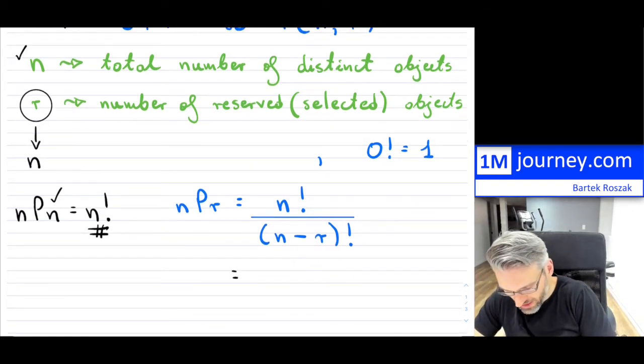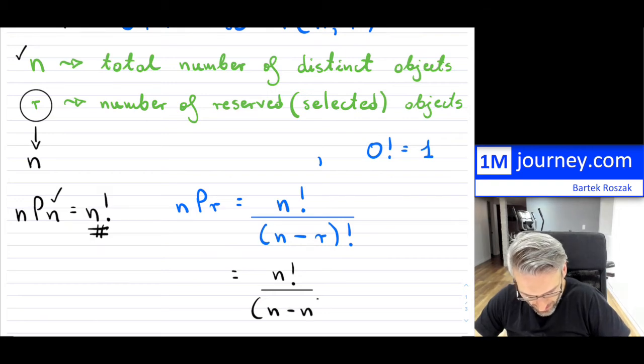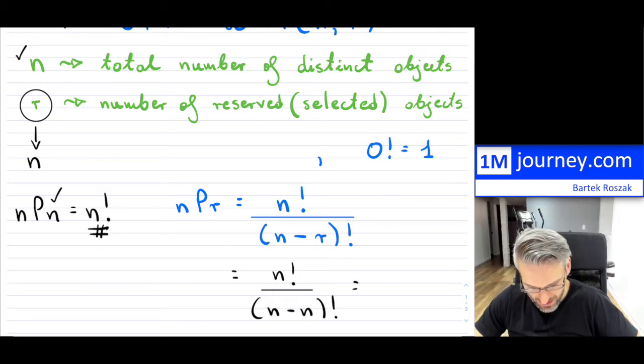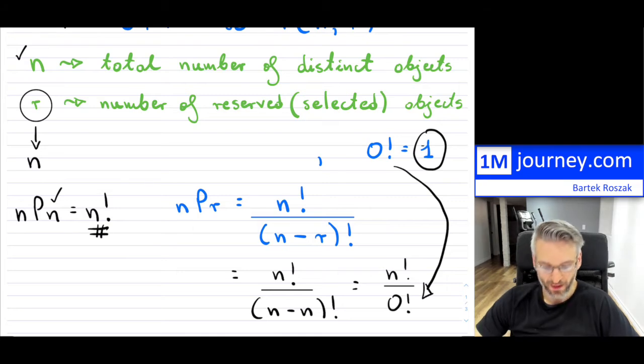Now, if it is n, then notice what happens. It would have been n factorial all over n minus n factorial, which is 0 factorial, right? So it's n factorial divided by 0 factorial. And here, by definition, we say that 0 factorial is equal to 1.